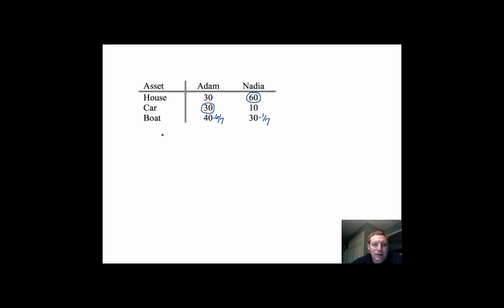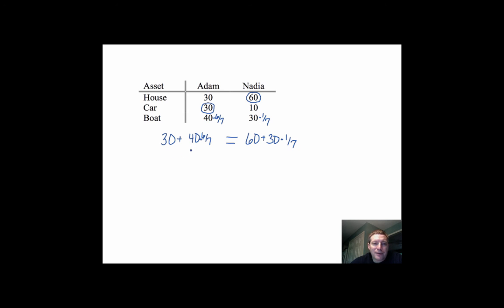Adam has 30 points plus 40 points times 6/7. On the other side, Nadia has 60 points plus 30 times 1/7.